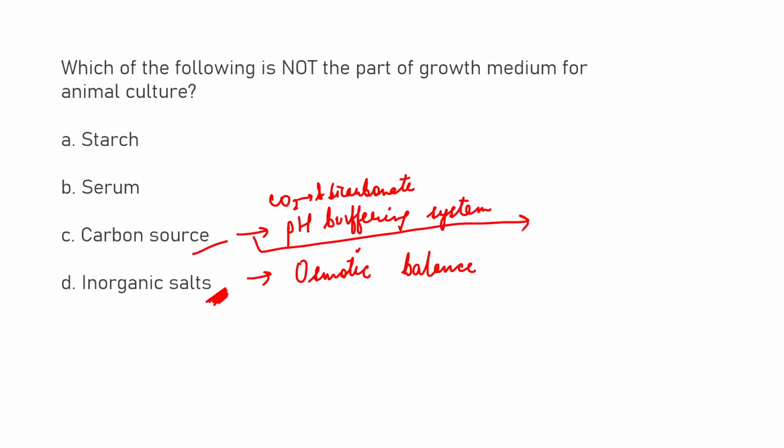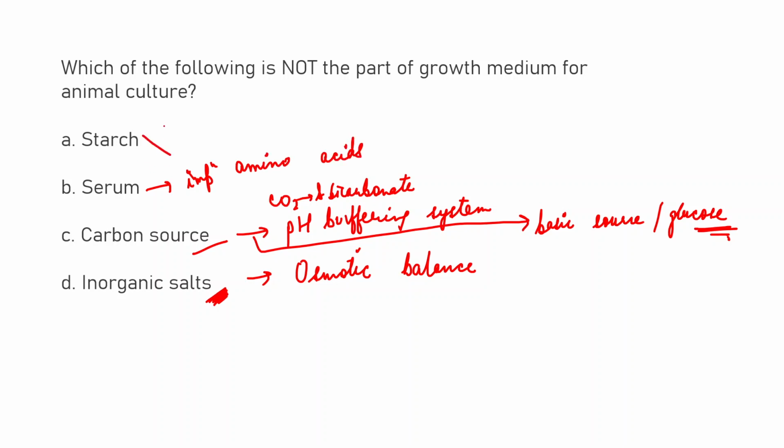Carbon source will be required for providing the basic source of nutrients, for example, glucose, etc., for cells to grow. Serum is to provide the important amino acids. However, starch, which is a complex carbon source, is not a part of growth medium for animal culture. So here the correct answer will be starch.